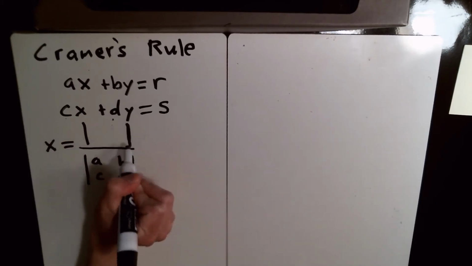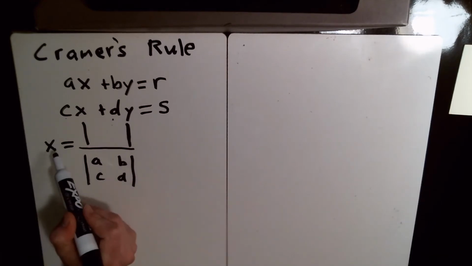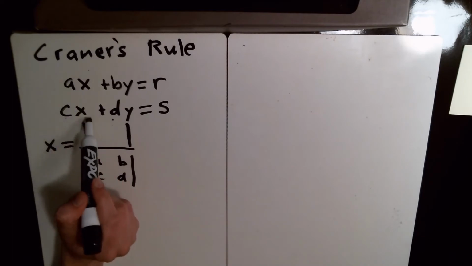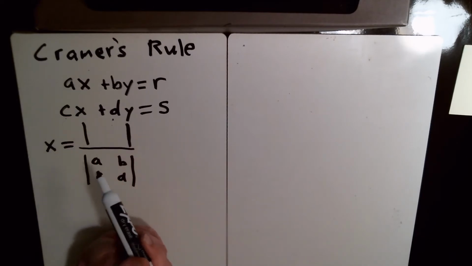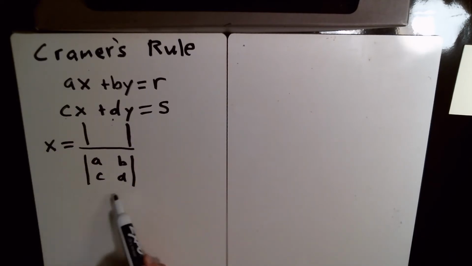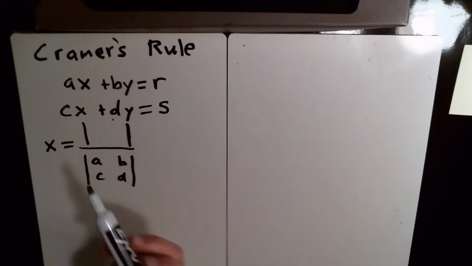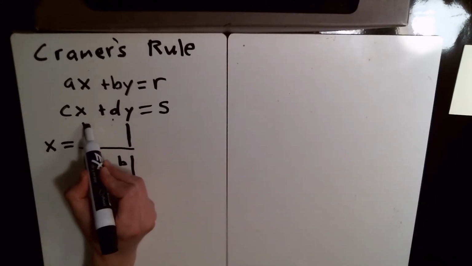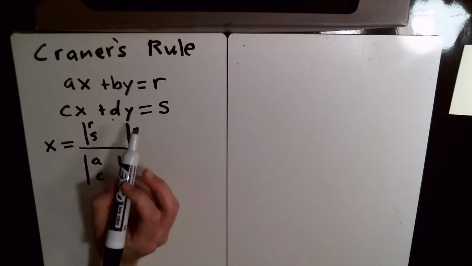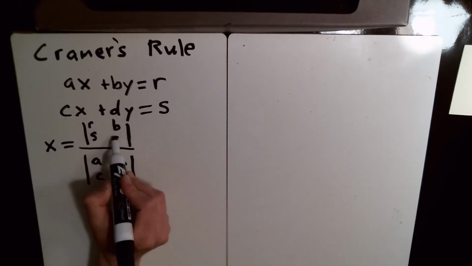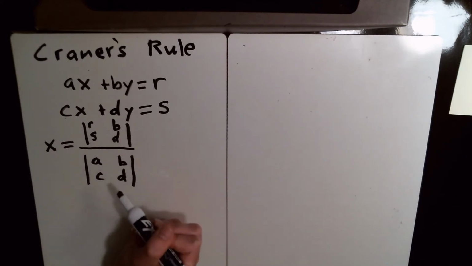But since x is the first variable in your equation, the first variable you're trying to find, you take the same determinant, but you replace the first column with these numbers, r and s. So you put r and s here, and then b and d here.